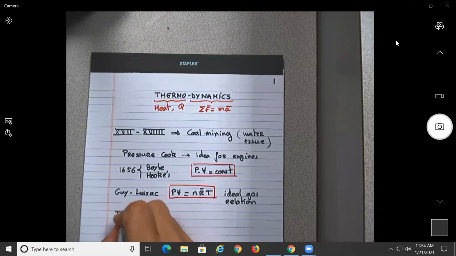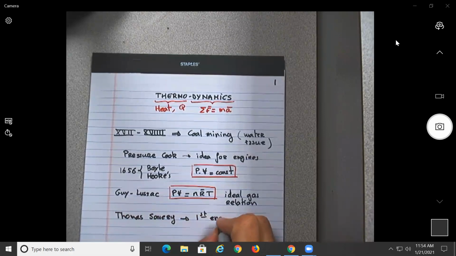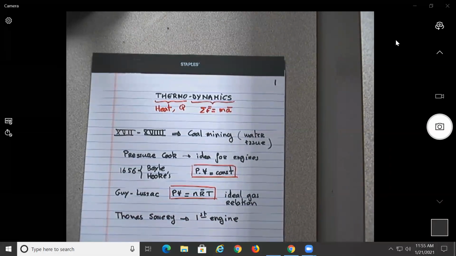Since it was related to mining, really all the first engines came from England. The first engine, very, very inefficient, was Thomas Savery's. That was really the first engine, with application again to mining. Then this name is more common, and you will know it: the Newcomen engine.